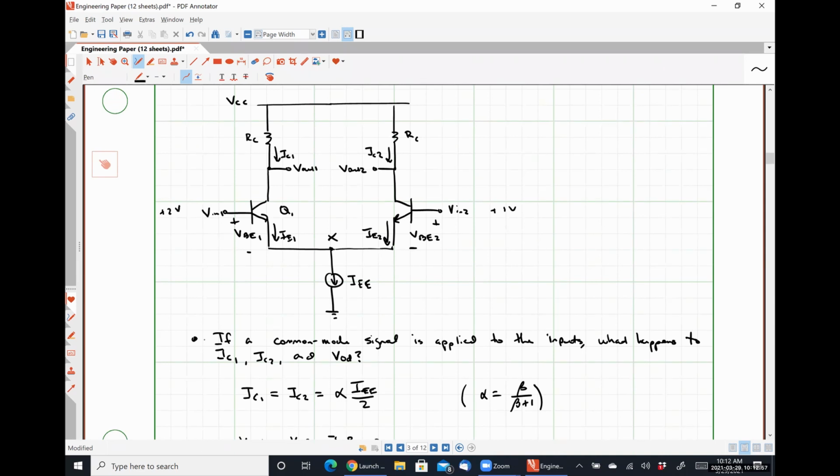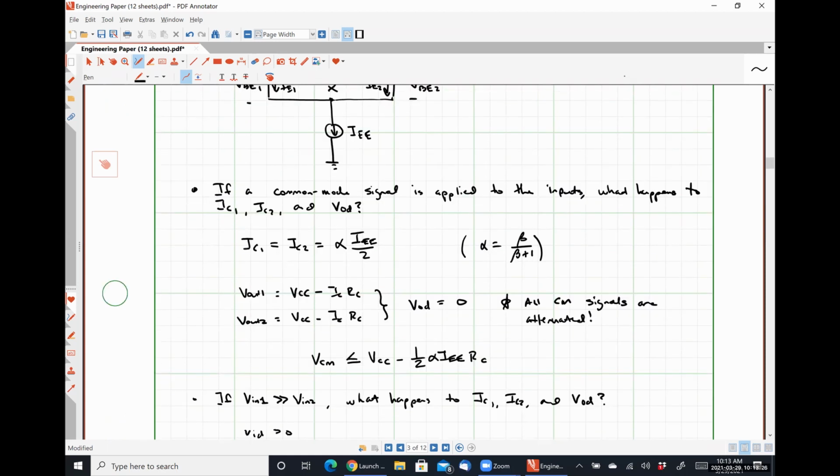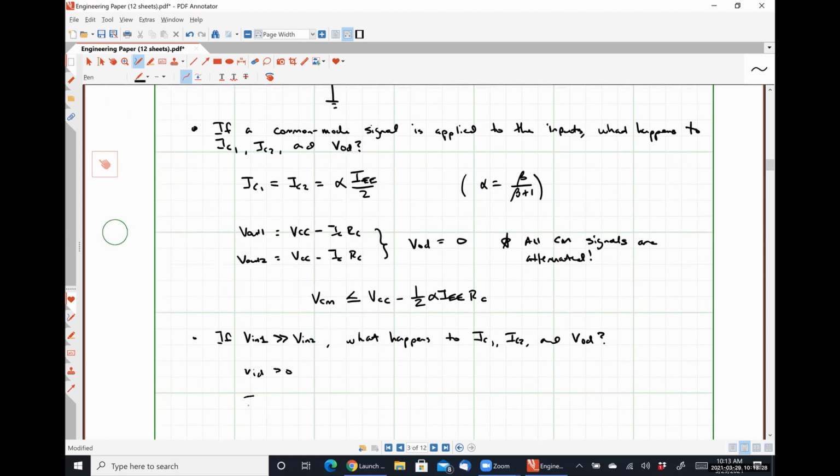Since VN1 is greater than VN2, that means VBE1 has to be greater than VBE2, correct? Seems reasonable. So that means that transistor Q1 is now carrying more current than transistor Q2, right? So IC1 has to be greater than IC2.